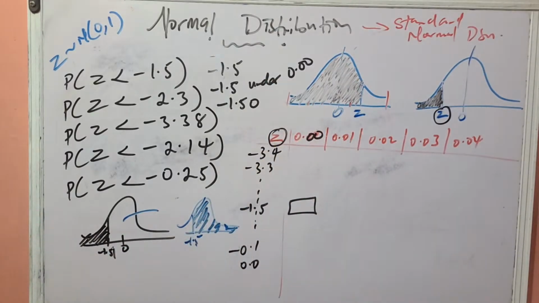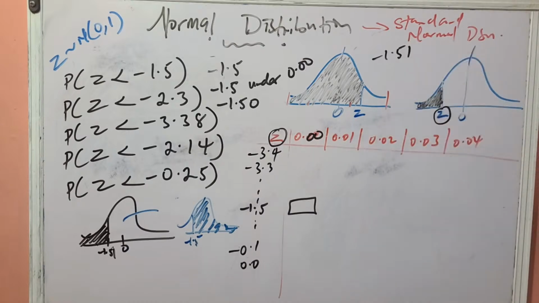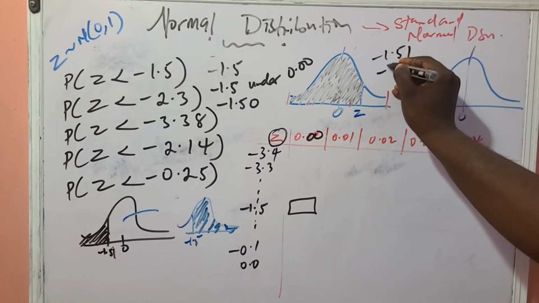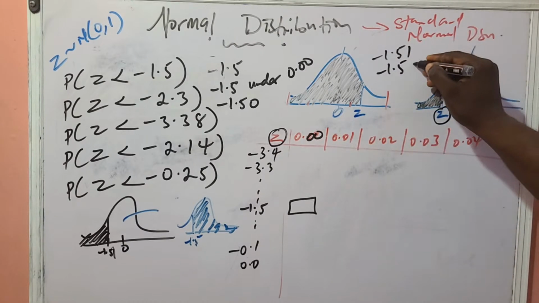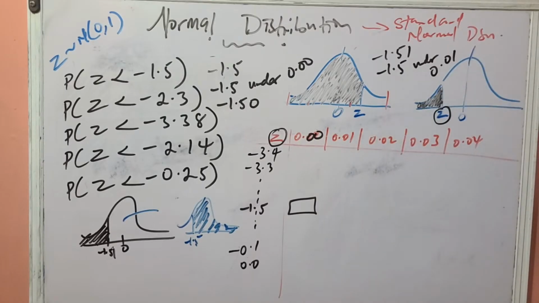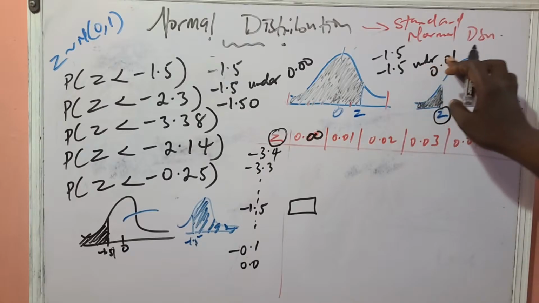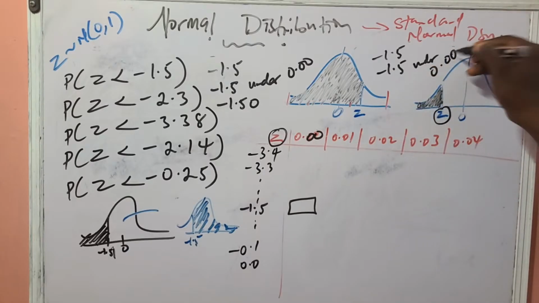So if I'm dealing with minus 1.51, I will read minus 1.5 under 0.01. If I'm dealing with minus 1.5 alone, I'll be reading minus 1.5 under 0.00.